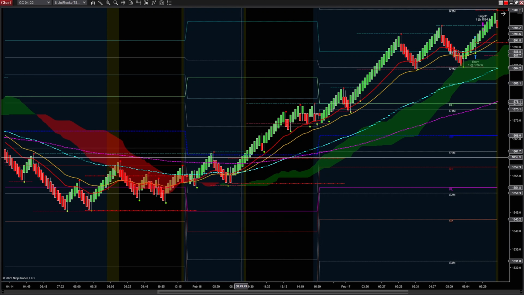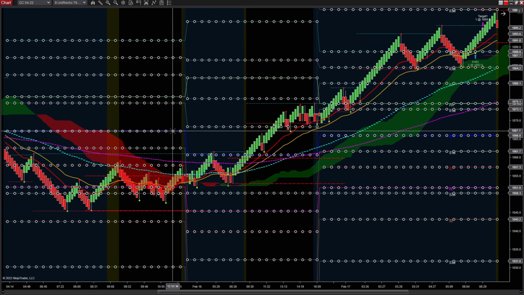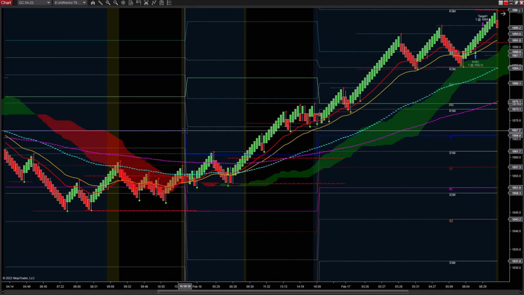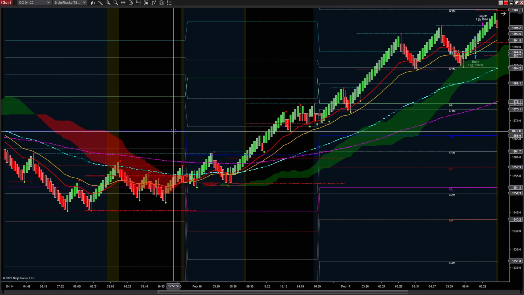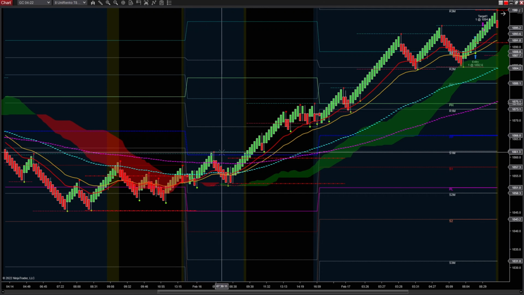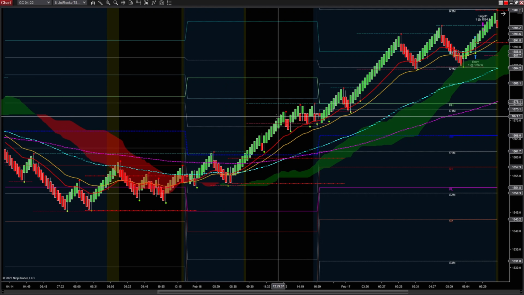You have a bias to the upside. This pivot here, which is the floor pivot, was lower than the day before, so that would be a negative bias. But the market bounced and moved up.